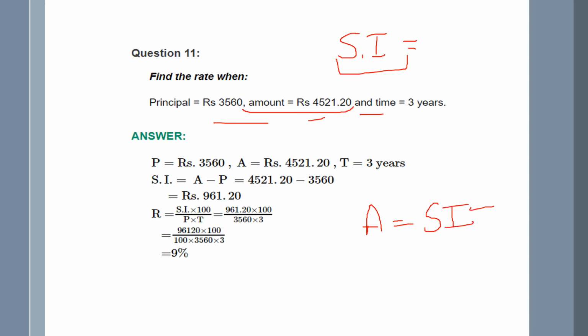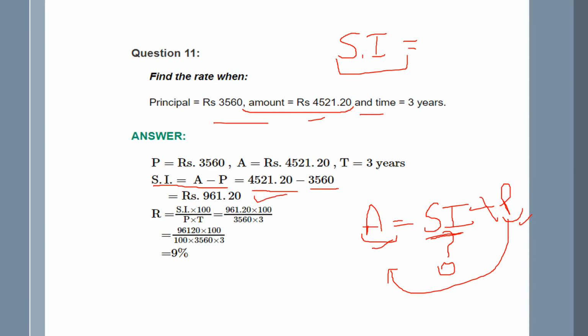Principal is given to you and amount is also given, and we need to find SI. So you will transpose P to that side. It will be amount minus principal. Then you will get the value of simple interest. So the formula for simple interest is amount minus principal. Amount is 4521.0 minus 3560. So rupees 961.20 will be the answer.